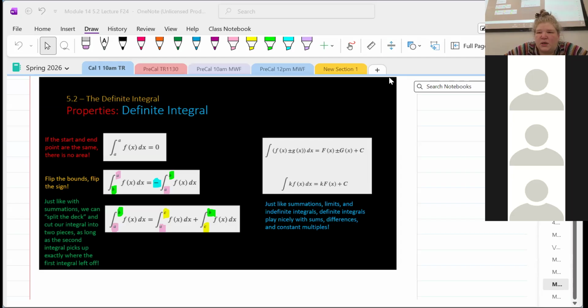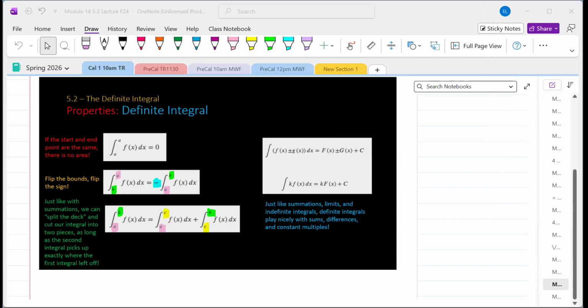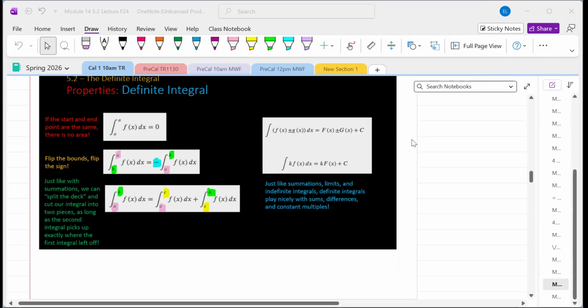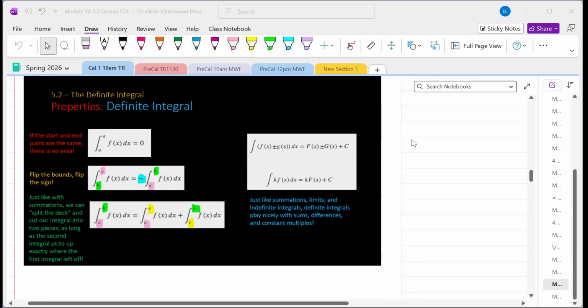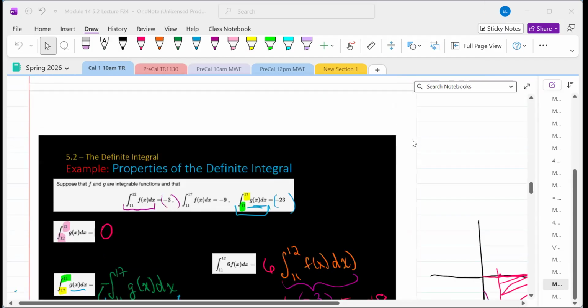Okay, so last we left off, we were looking at the basic properties of the definite integral, which is an integral with bounds on it, numbers that we're evaluating from. So this is just the area under the curve.